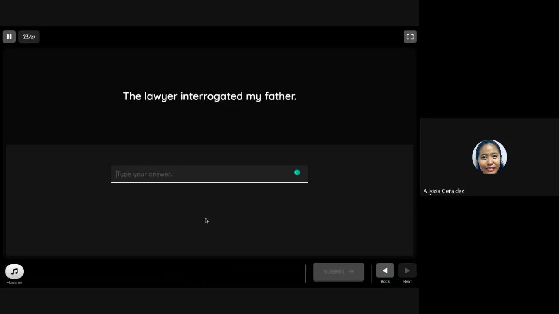The lawyer interrogated my father. Okay, active, and then we have to change this into passive. My father was interrogated. We use was because father is singular, and also because interrogated falls in the past tense.